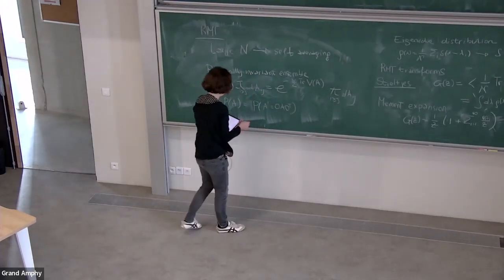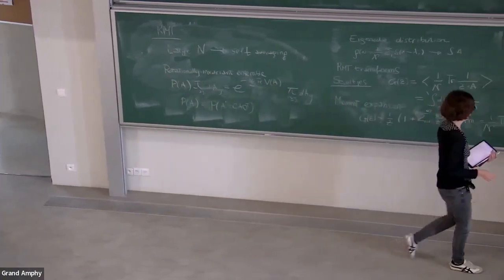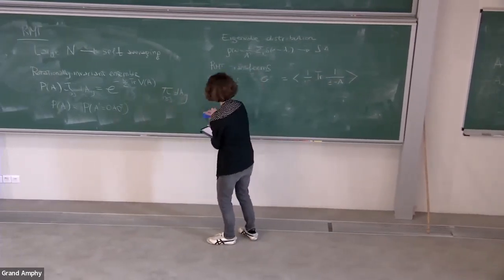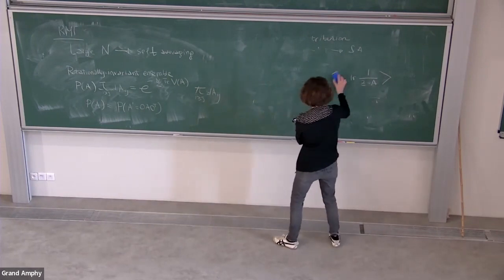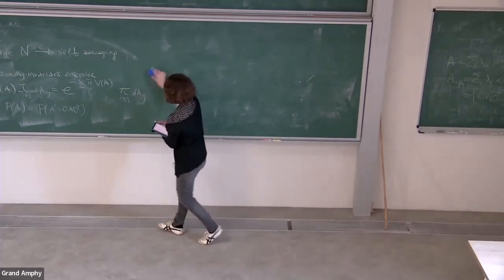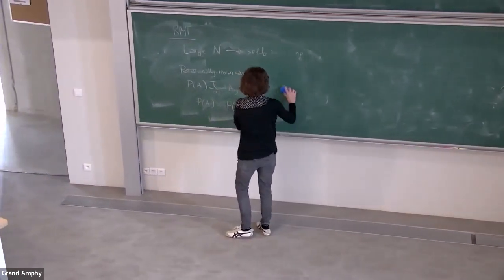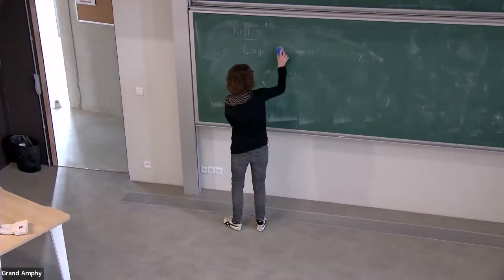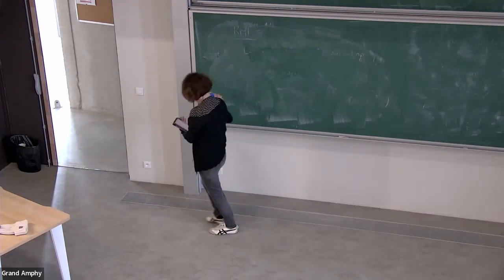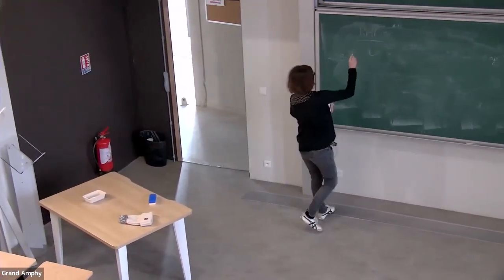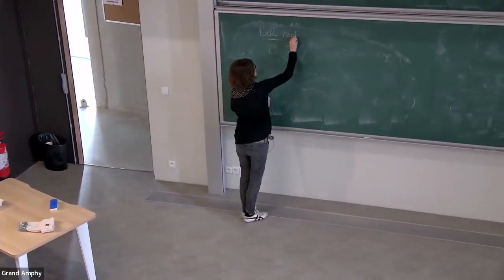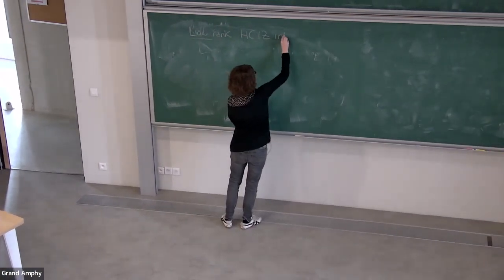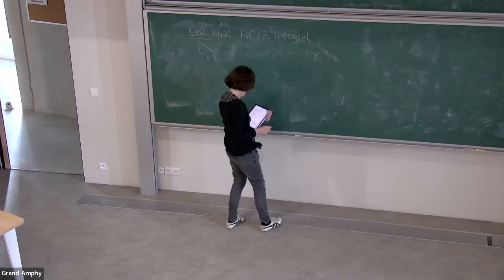And now I will go into a proof of the formula for the free cumulants I was telling you. So what I'm going to use is the low rank Harish-Chandra-Itzykson-Zuber integral.